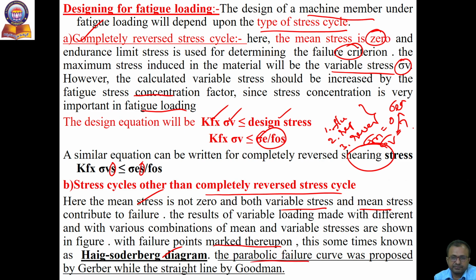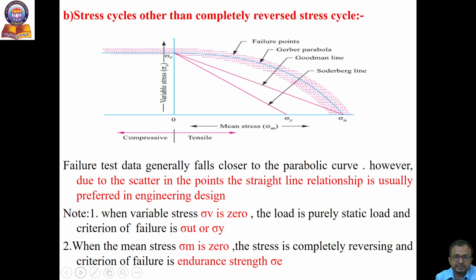The parabolic failure curve was proposed by Gerber, while the straight line was proposed by Goodman. Let us try to understand this. On the x-axis we take mean stress, on the y-axis we take variable stress, and for mean stress the failure conditions are the yield point stress and ultimate point stress.